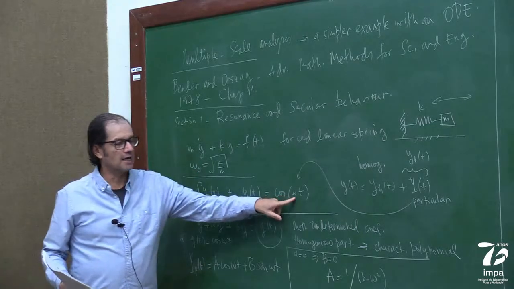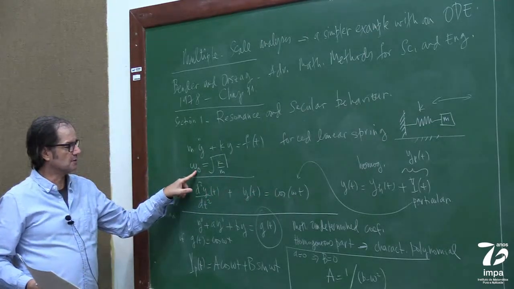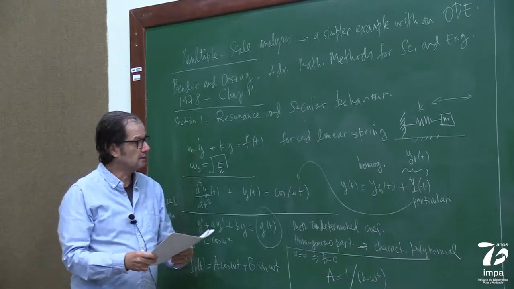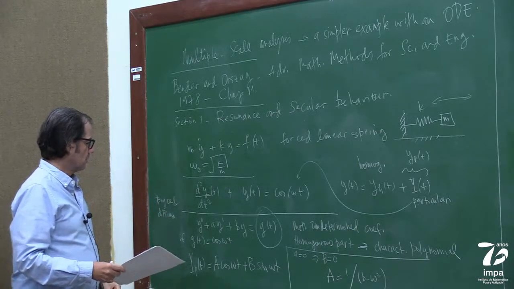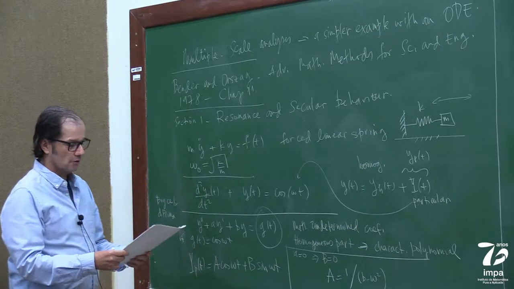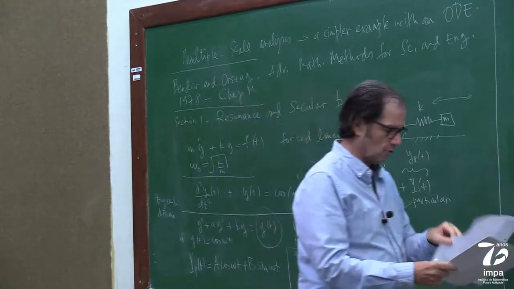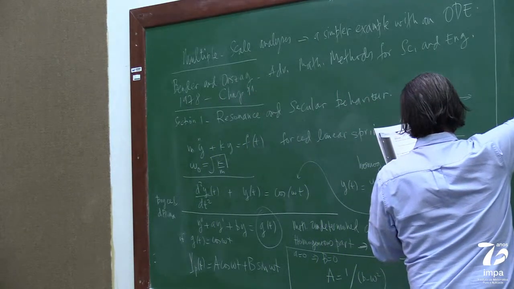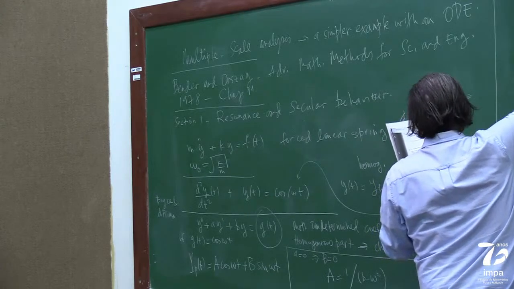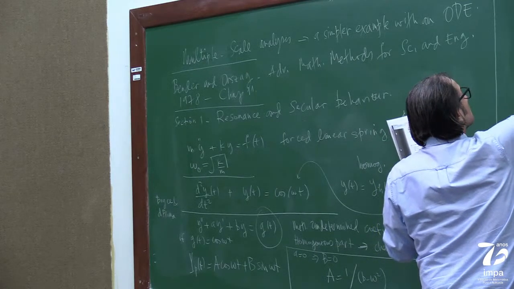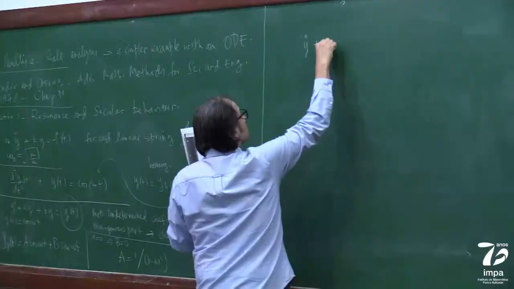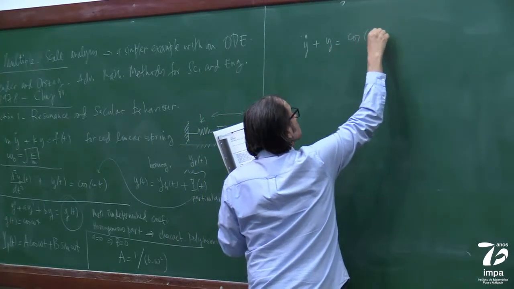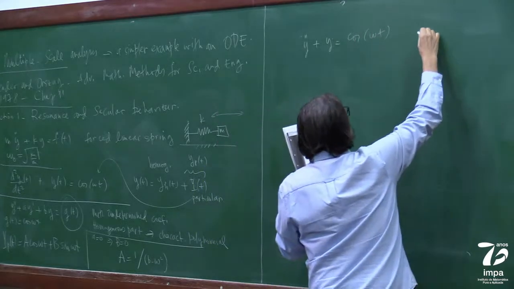So if this guy is being forced differently from this guy, okay, and in the case of Bender and Orszag, we have this, we have that. Let me write again here. So back to the book, we have this, which gives a solution.